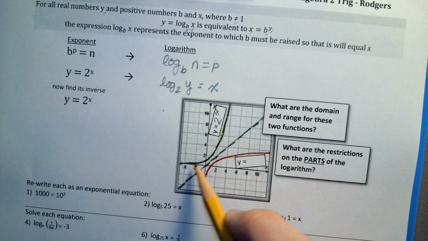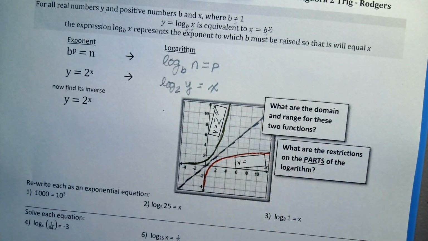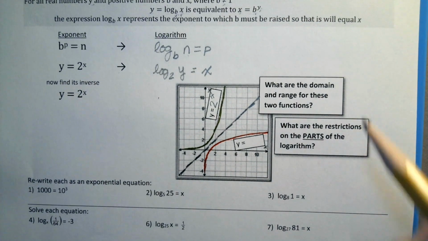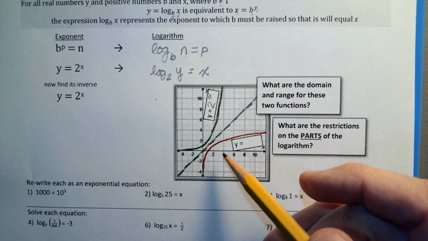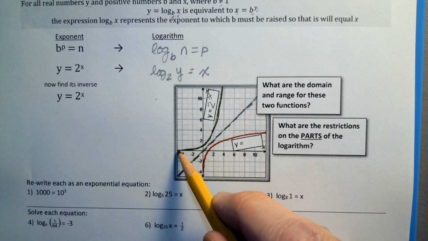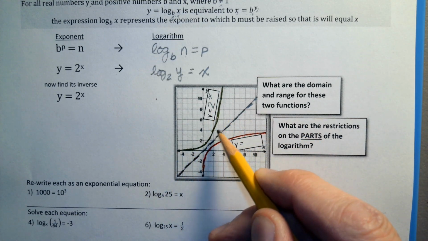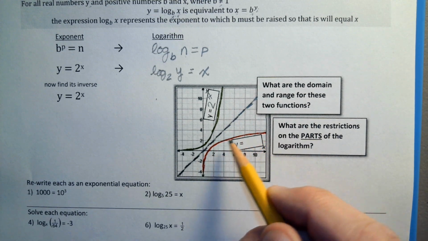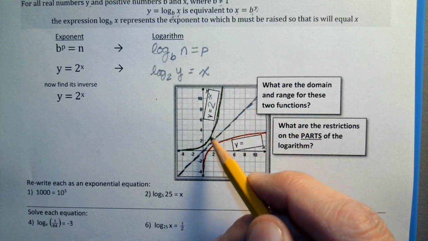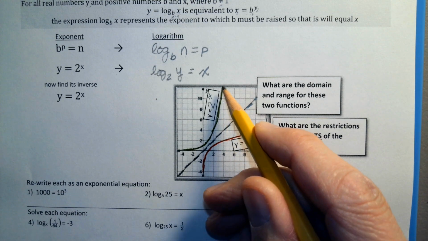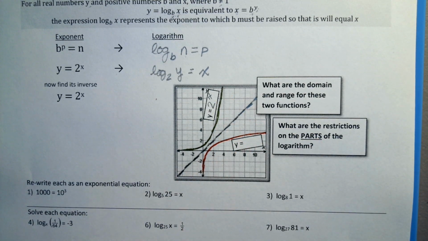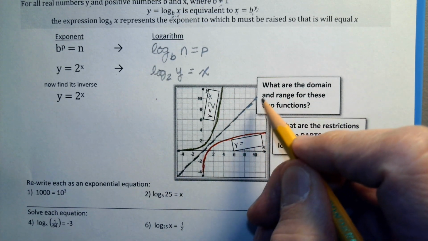We graphed exponential equations in the last section or so, and you can see this one. I tried to highlight it in green ink to emphasize it, different from the other thing. It's kind of dark, you can't really tell it's green, but I drew this one in. You have it, I think, on your paper. Okay, and then I dashed this identity line.